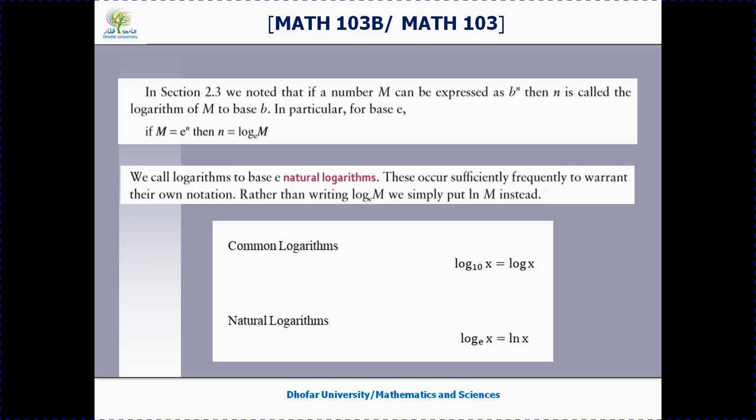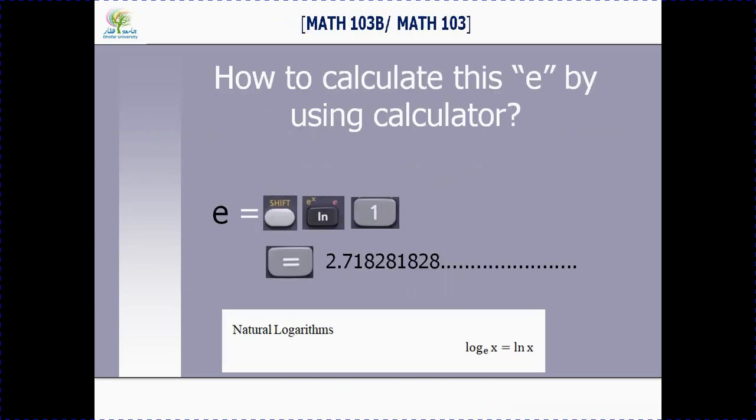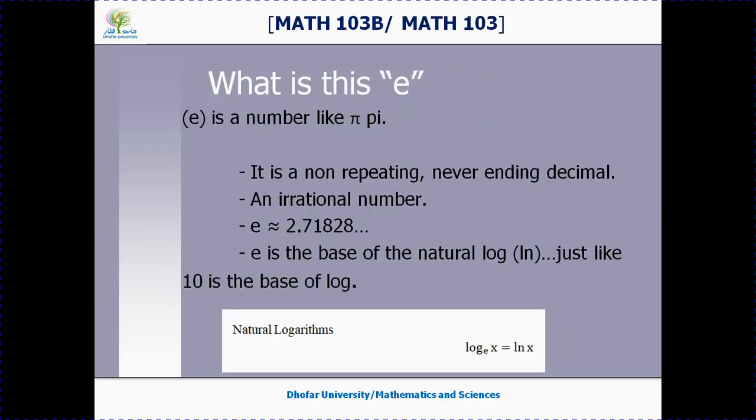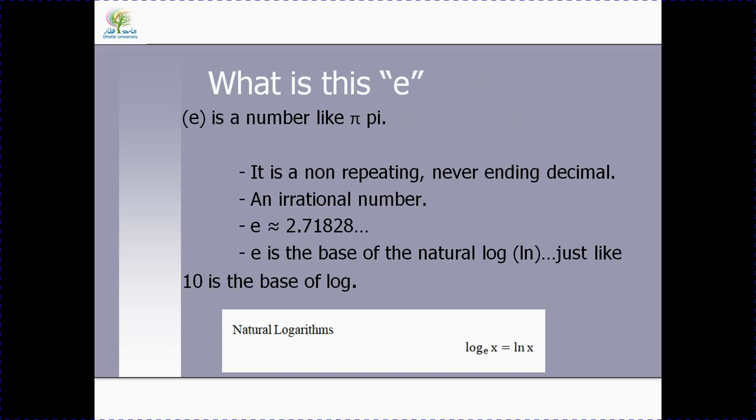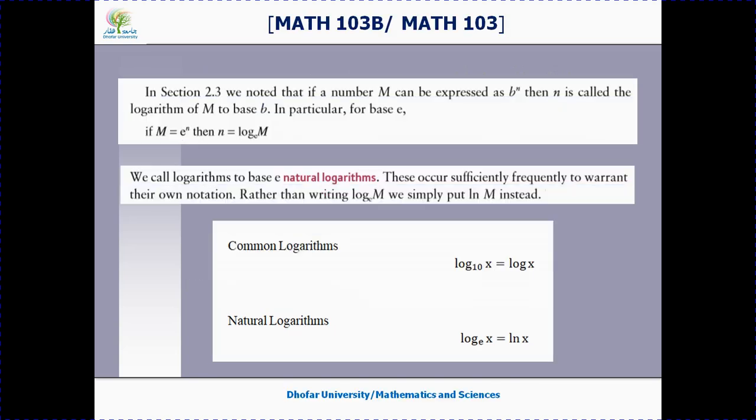In particular, what if I have e instead of b?